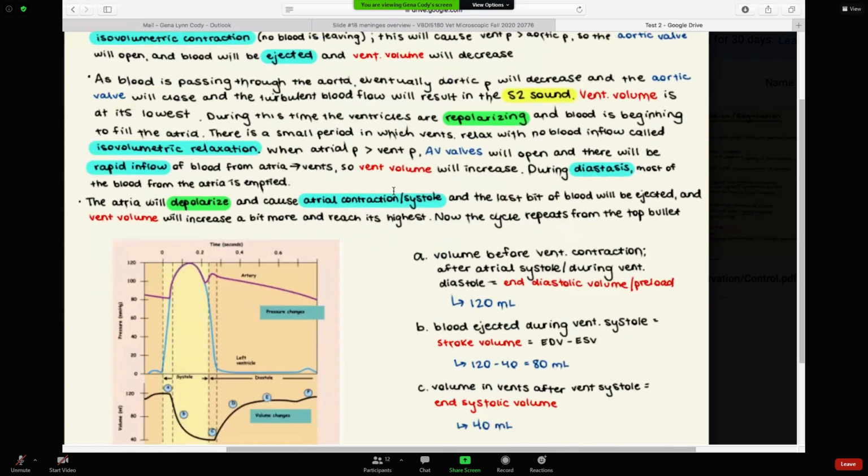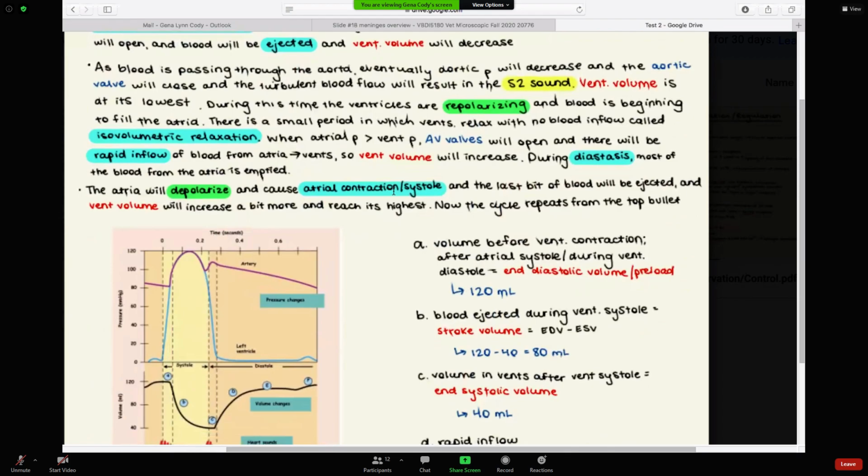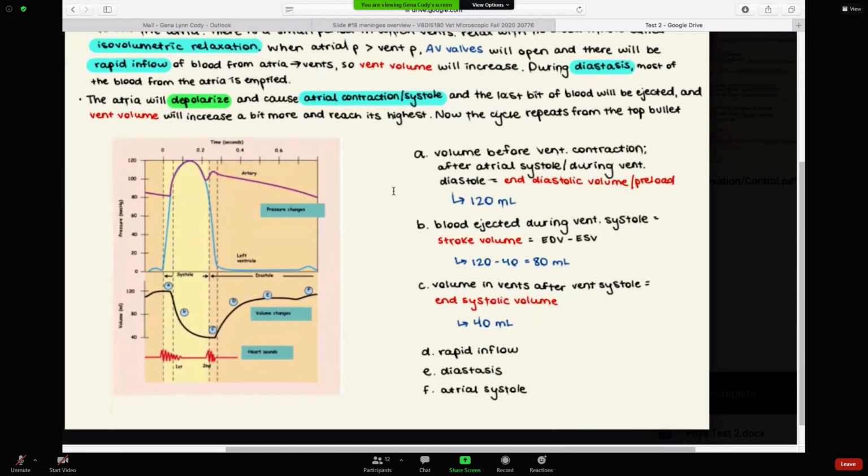So then the other thing that I wanted to point out was this graph that he had posted. So I mentioned end diastolic volume. The other word for that is preload. I know he said that a few times. So it's just the max amount of blood that's in my ventricles after the atria have finally contracted and gotten rid of all of its blood.